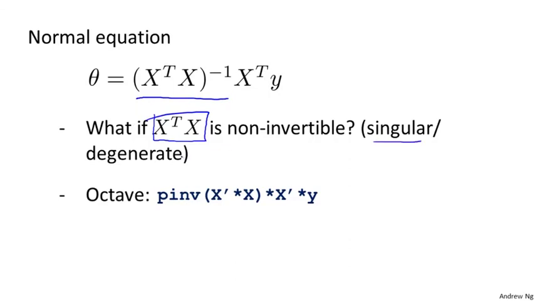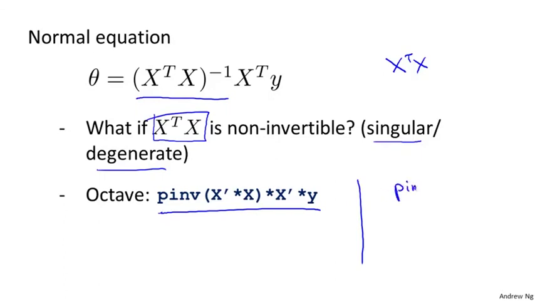We call those non-invertible matrices singular or degenerate matrices. The problem of X transpose X being non-invertible should happen pretty rarely. And in Octave, if you implement this to compute theta, it turns out that this will actually do the right thing. I'm getting a little technical now, and I don't want to go into the details, but Octave has two functions for inverting matrices.